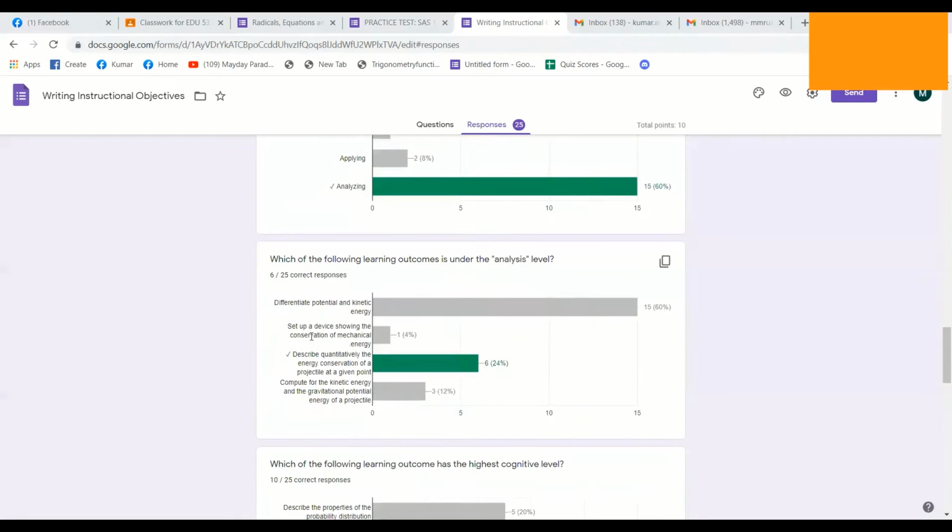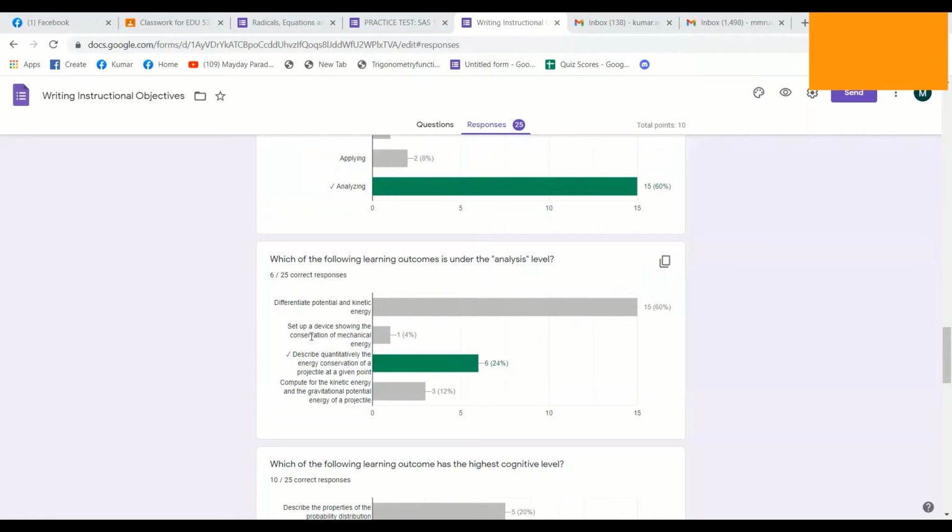Okay, so that belongs to the understanding level. When you differentiate, first you recall the meaning of potential and kinetic, then you compare. So there's comparison of statements. So that is understanding level.